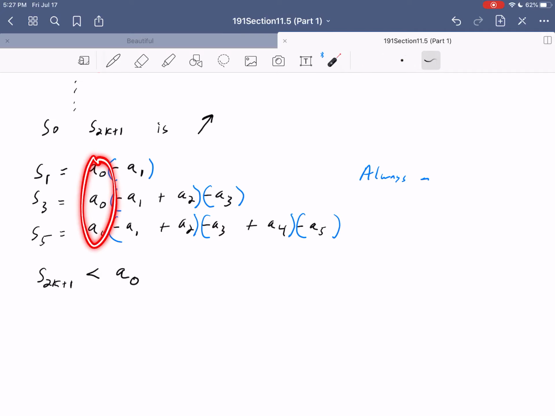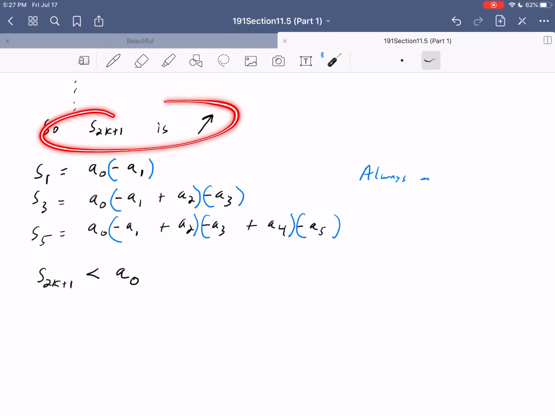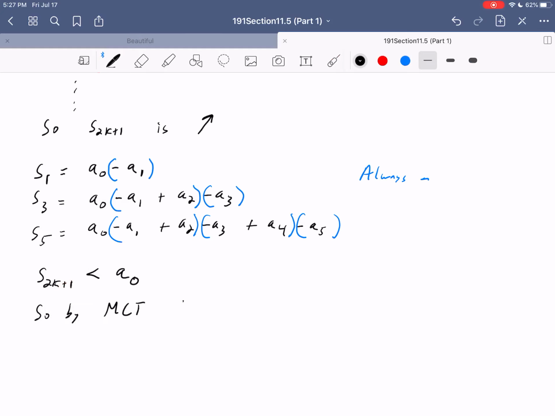It's always less than the first thing, because the first one is the first thing minus something, then it's the first thing minus more stuff, the first thing minus even more stuff. The odd partial sums are always less than A sub 0. So the odd partial sums are increasing and they're bounded above. So by the monotonic convergence theorem, S sub 2k plus 1 converges. Okay, so we're almost done.